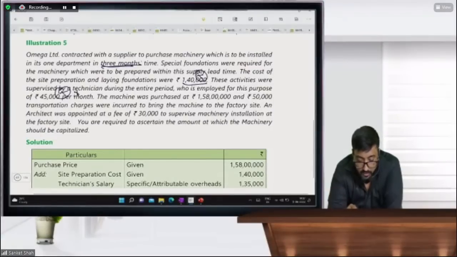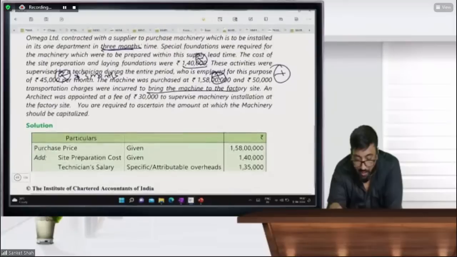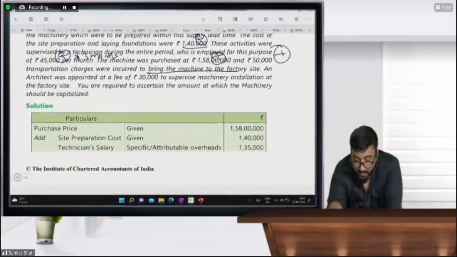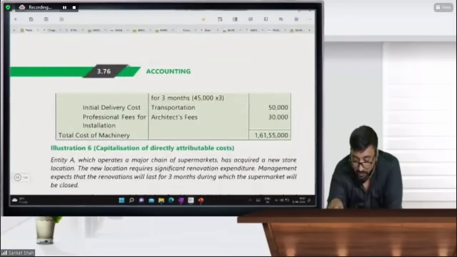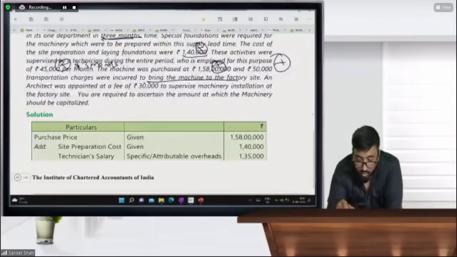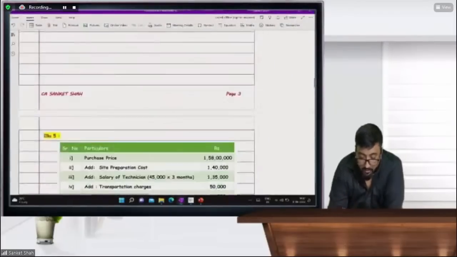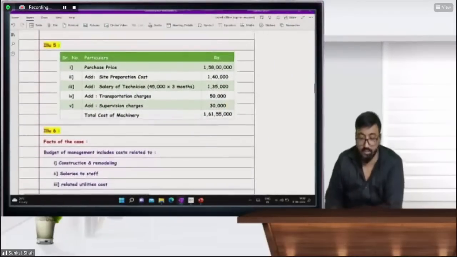Into 3 months, you can write over there. Machinery cost, yes. Technical person cost is added. Bringing the factory site, this cost is also added. And architect salary is also added, beta. Professional fees, architect fees, 30,000. By adding this, all costs will be added. Yes, so this is your answer.